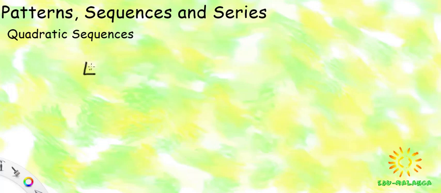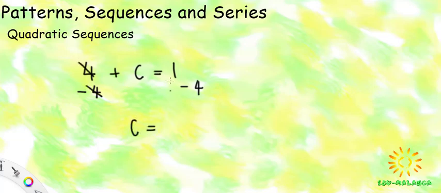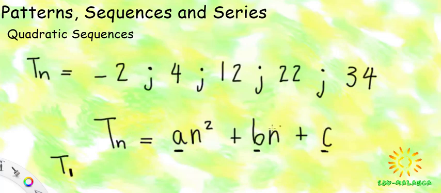We then get 4 plus c should equal to negative 2. Let's subtract 4 from both sides of the equation. Minus 4 on this side as well. We then get, the 4's will cancel out, that c is equal to negative 2 minus 4, and that's equal to negative 6.